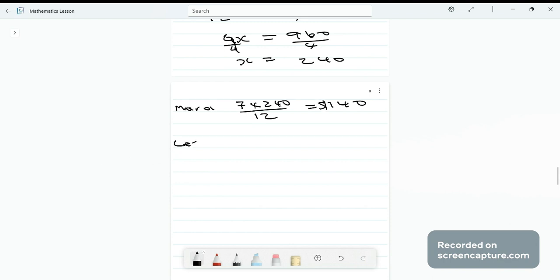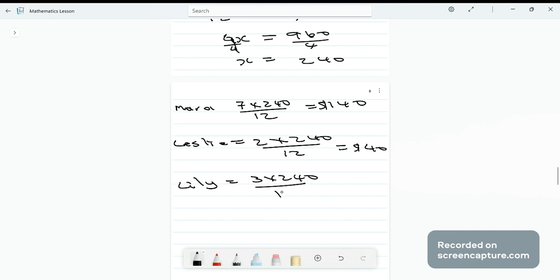Leslie got a share amount of 2 times the 240 over the 12, which equals $40. And Lily got 3 times the 240 over 12, equal to $60.